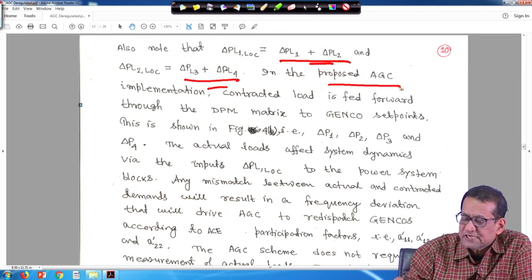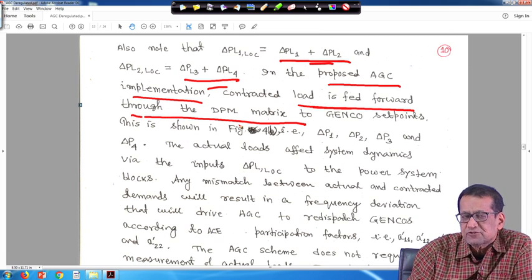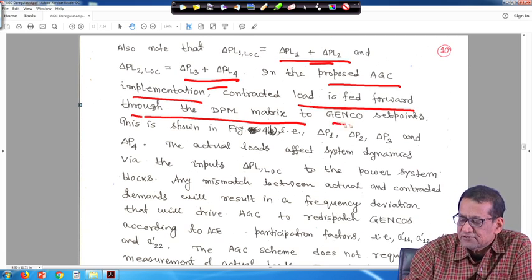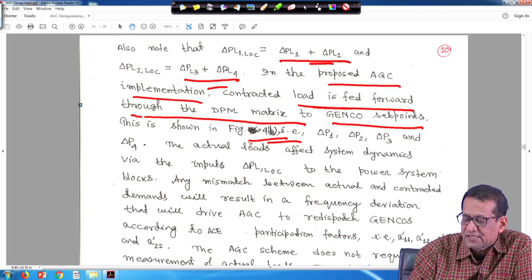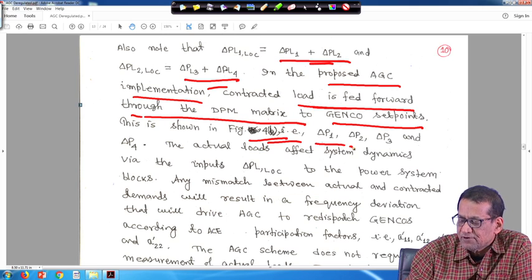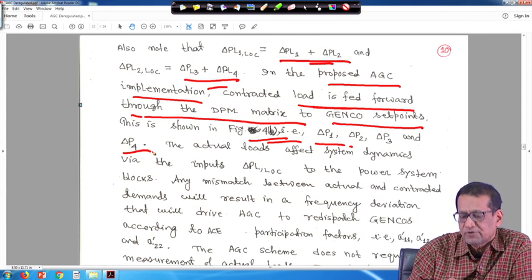So, in the proposed AGC implementation, contracted load is fed forward through the DPM matrix, that is the DISCO participation matrix, to the GENCO set points, as I told you. This is shown in figure 4b, which I showed you just now. So, delta PL, P1, P2, P3 and delta P4, I just showed you in the diagram, figure 4b.